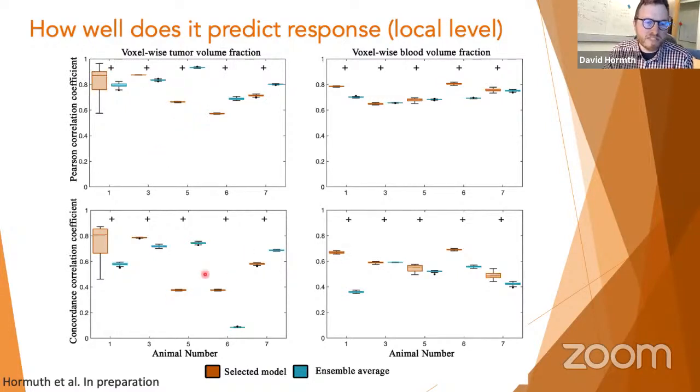For our concordance correlation coefficient, we see that some of the selected models have very low agreement at the voxel level, but the ensemble average models are actually doing pretty decently. We see a similar story for the blood volume fraction, where the PCCs, the Pearson correlation coefficients, are greater than 0.6, maybe averaging around 0.7 here. And then the concordance correlation coefficients are just lower for those models as well.